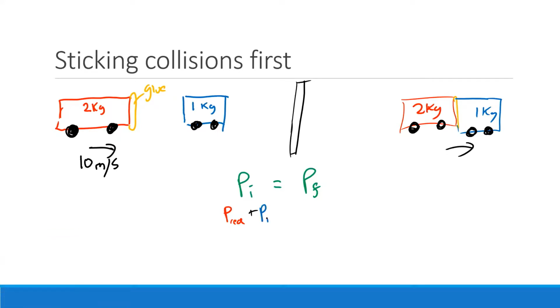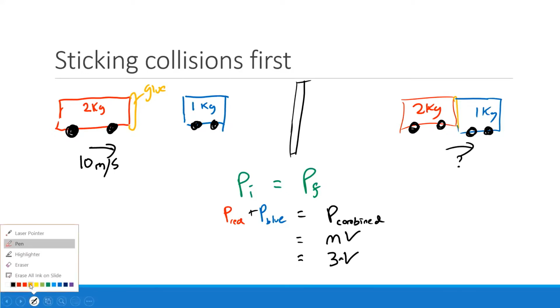Plus the momentum of the blue one. That's going to equal the momentum of the combined. That means that the momentum of the combined is going to be mv, which is whatever its velocity is. And m, we know, is 2 plus 1, which is 3. So that's how we could do the calculations. We know the mass. We don't know what speed it's going at.